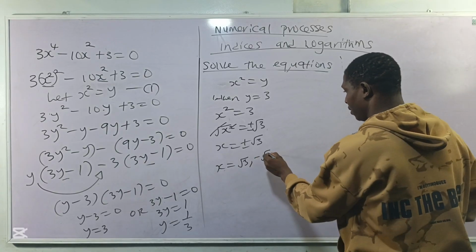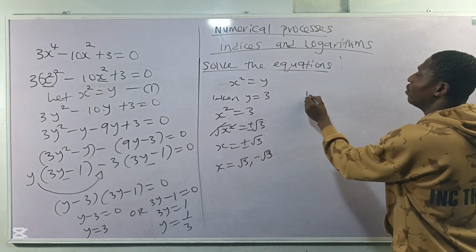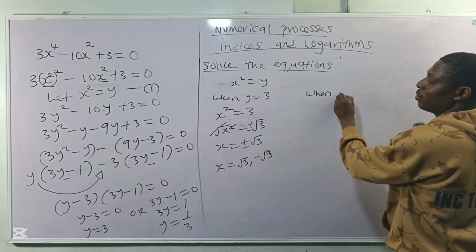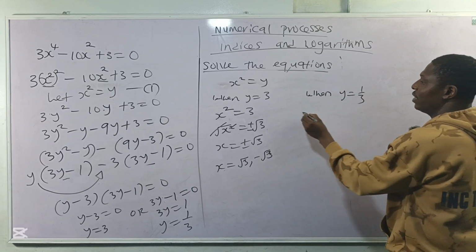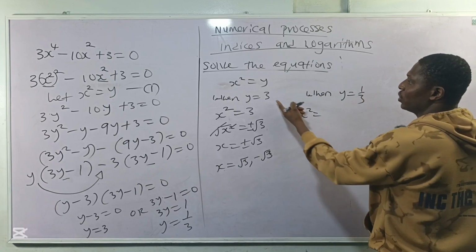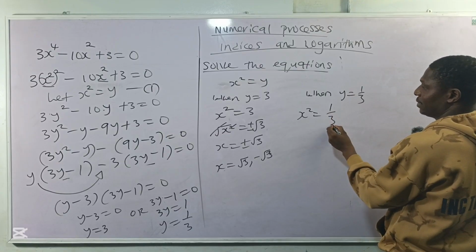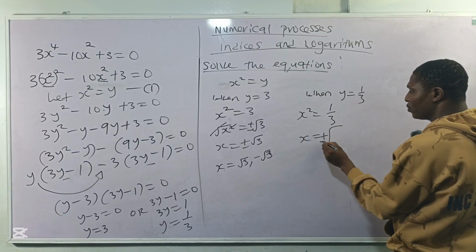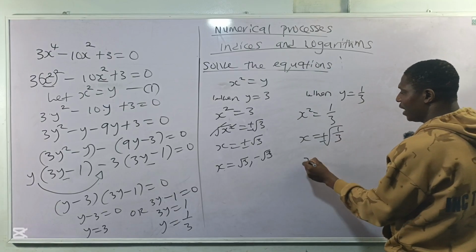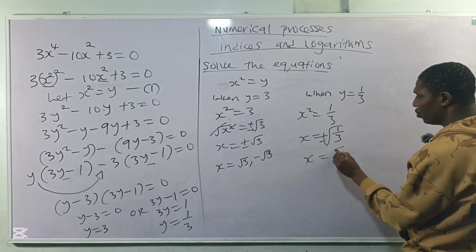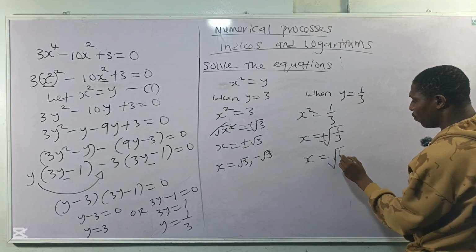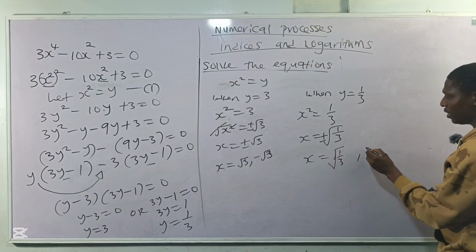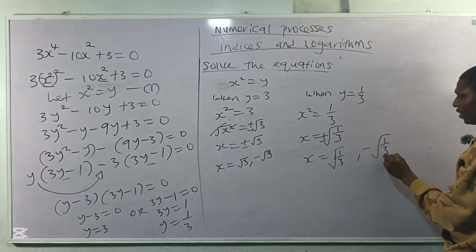And for the other one, when y is equal to 1 over 3, I have x squared equal to 1 all over 3. So x will be equal to the square root of plus or minus 1 all over 3. And x will be equal to square root of 1 over 3, comma, minus square root of 1 over 3.